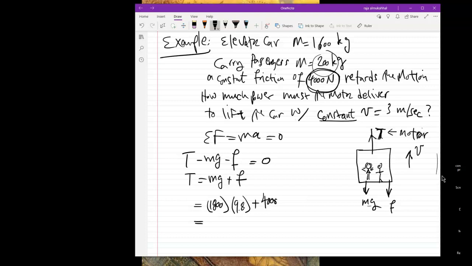So I can go 1,800, I'm using my calculator, times 9.8, and that's equal to that, plus 4,000. Answer, 5,809.8.